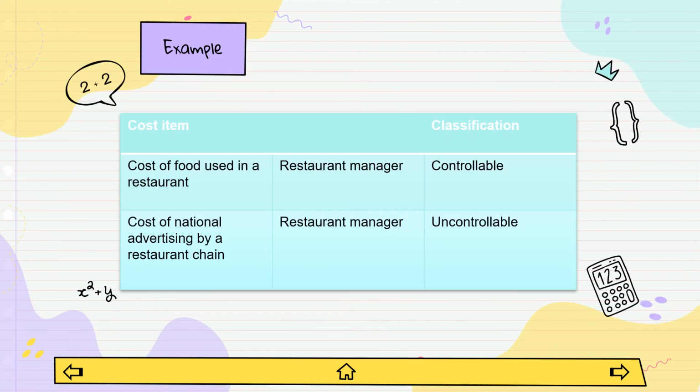So this is an example of controllable and uncontrollable costs as managed by a restaurant manager. For the cost item, the cost of food used in a restaurant can be controlled by the restaurant manager, while the cost of national advertising by a restaurant chain is uncontrollable by the restaurant manager.